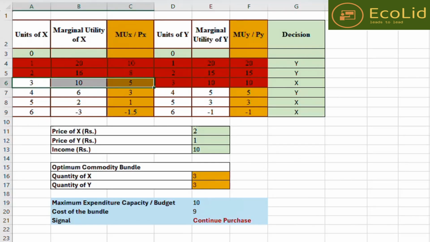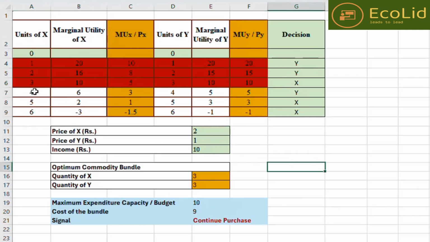So here we will put a different shade. Now coming to the comparison between the fourth unit of x and the fourth unit of y, the marginal utility of y is greater for the fourth unit of y. So we will write here y.